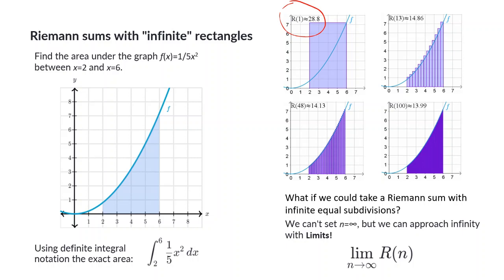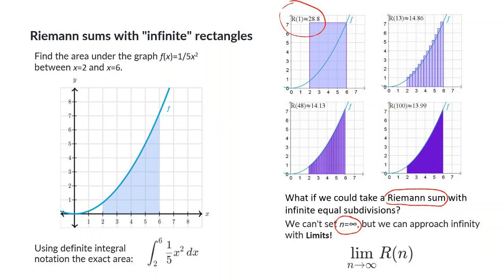So what if we take the Riemann sum with infinite equal subdivisions, a lot of them? In that case, we would set n equal to infinity, but of course we cannot literally do that.